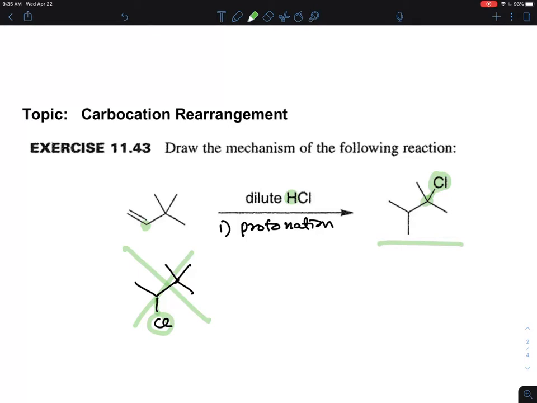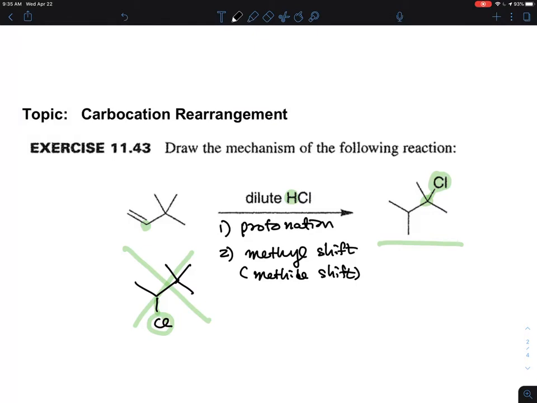The point is that once they develop the carbocation, they are free to move, either in this case by a methyl shift, and sometimes they call it the methyl shift.